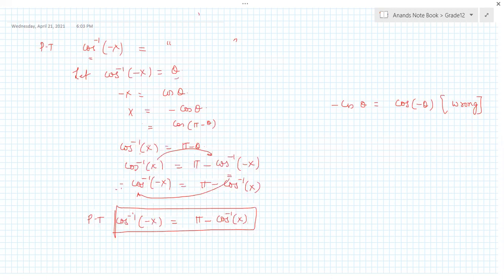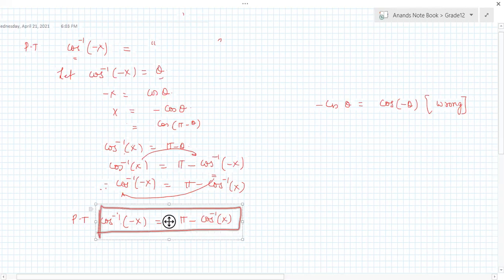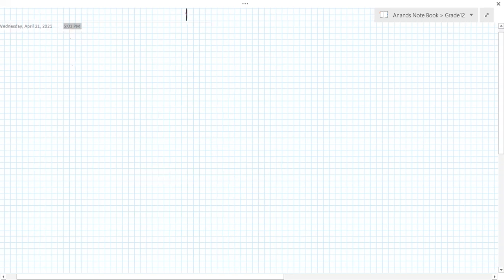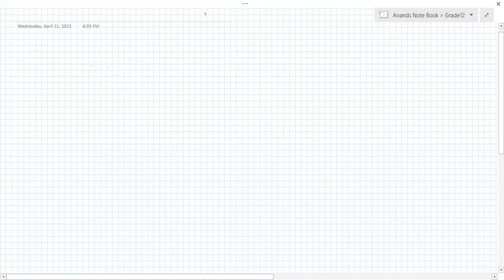Similarly, are you okay with this, guys? Secant inverse of minus x. Let's do it. Find the value. I will not say prove it.